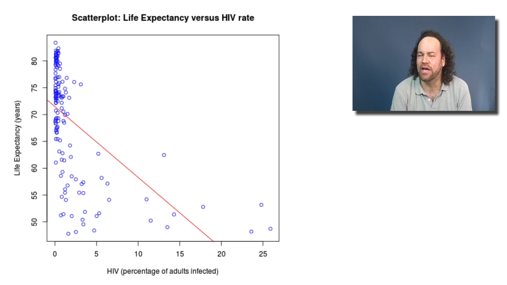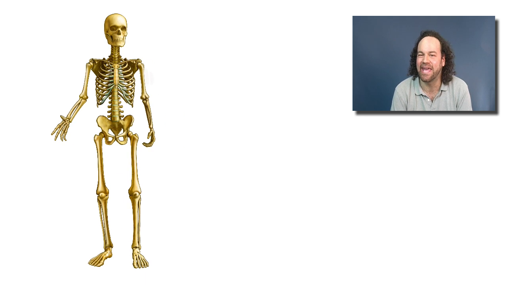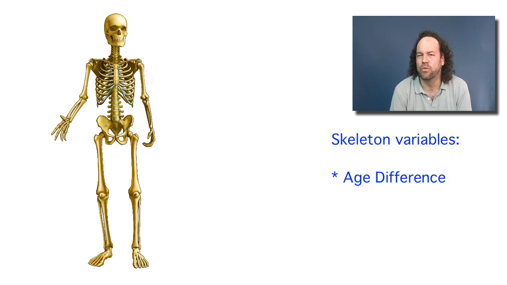For now, let's look at one final example, this time with our old friends the skeletons once again. In this case, remember, one of our main variables was the difference between the estimated age of the skeleton at death and the actual age of the skeleton at death. We might wonder, what other variables is that influenced by?